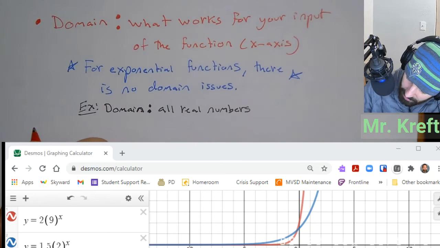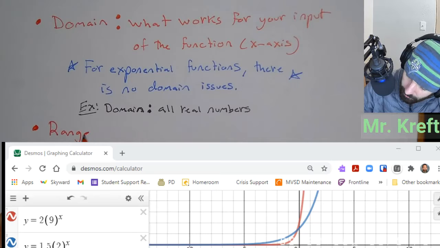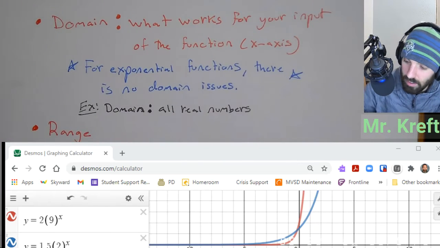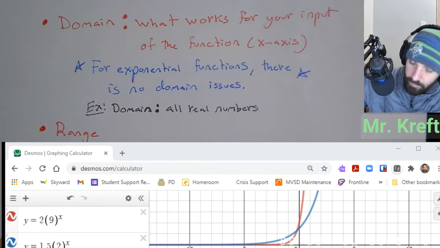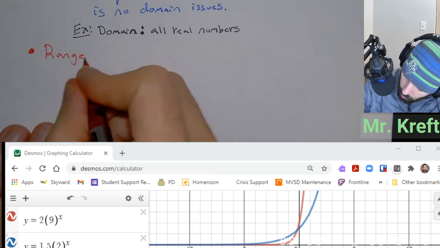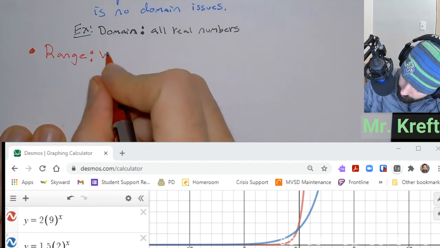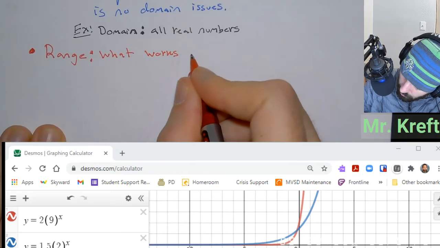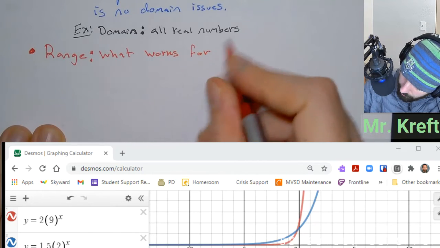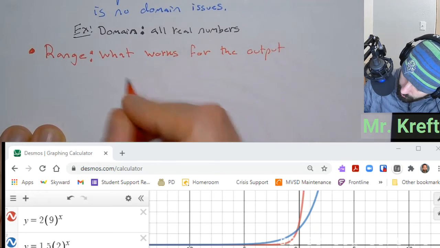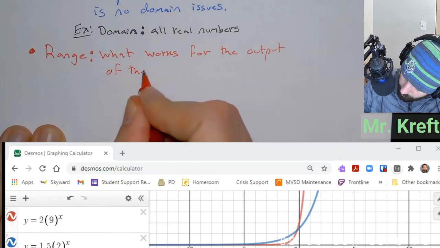But it turns out that our range is much more complicated. So the range, and let me move this up a little bit. Range is what works for the output of the function.